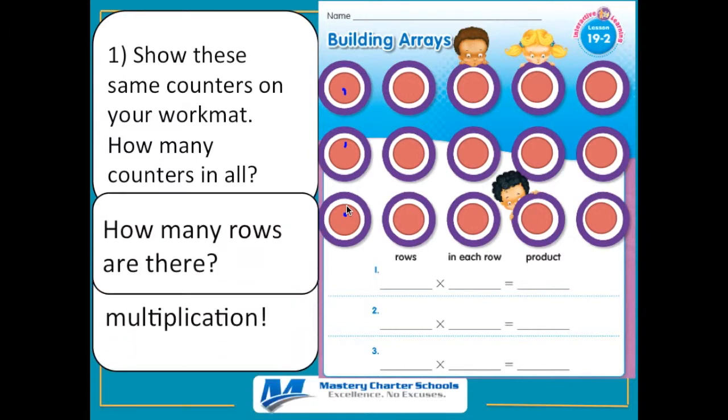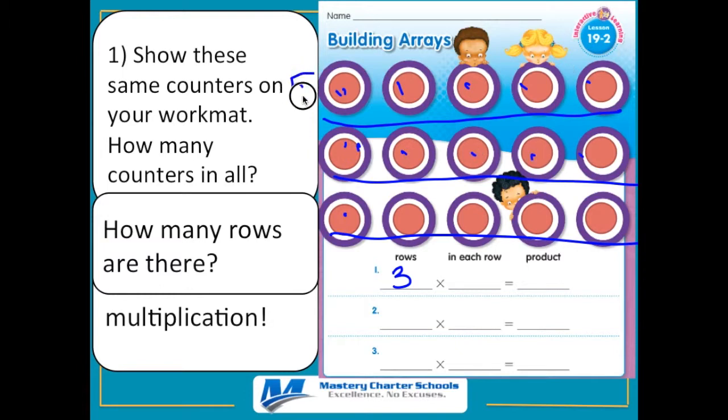So let's talk about what you actually got. How many rows are there? This is a row. So how many are there? Well, yeah, you've got 3 rows. And then the question is, how many are in each row? 1, 2, 3, 4, 5. So I've got 5 in this row, 5 in this row, and 5 in this row.